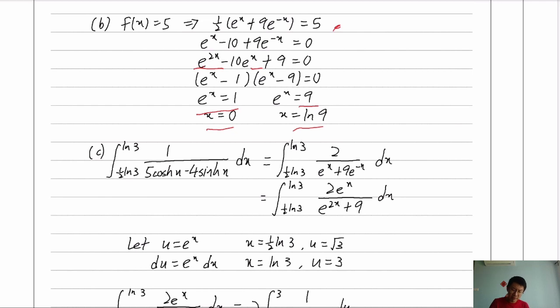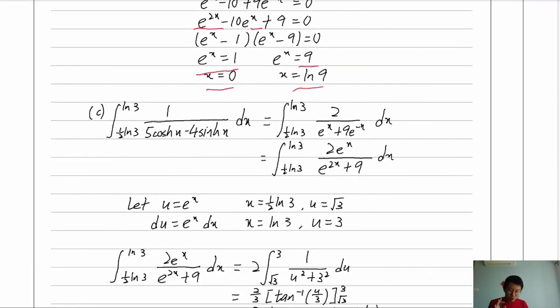This is the expression we get from there, but it is still not very friendly to work with, unless we multiply both numerator and denominator by e^x. The purpose is that if we let e power x be our u, our denominator will be u squared plus 9. So we suspect we will get something in terms of the arctangent. Let's see how we progress from there.